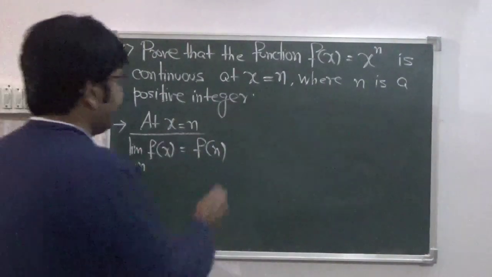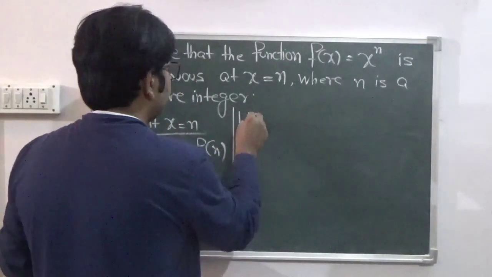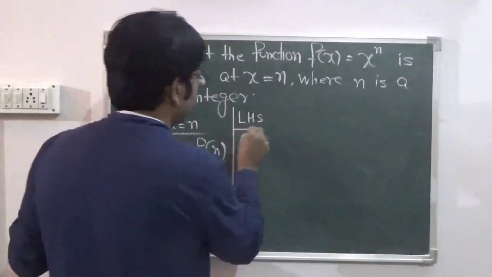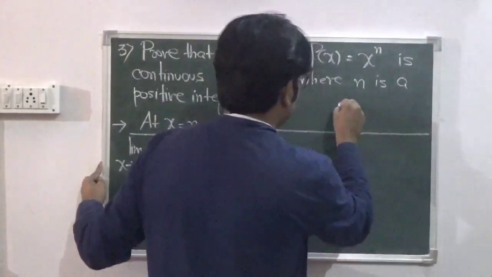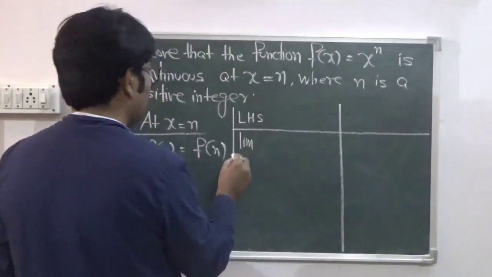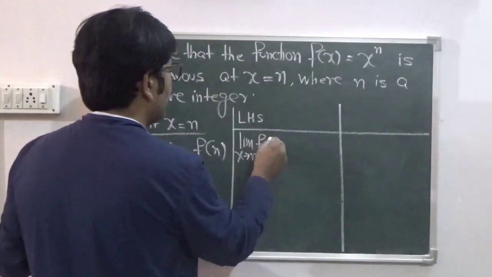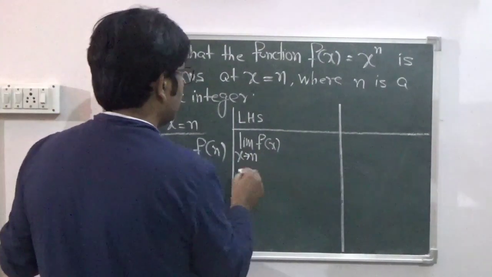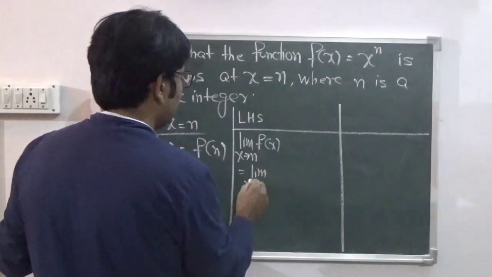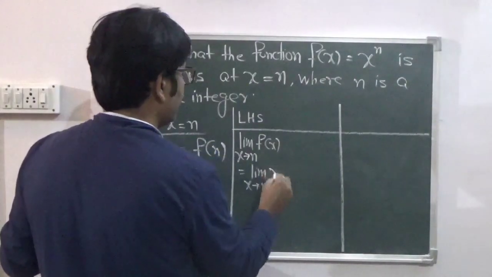Now let us see the left hand side. Left hand side is limit x tends to n f(x) equals limit x tends to n of x^n.